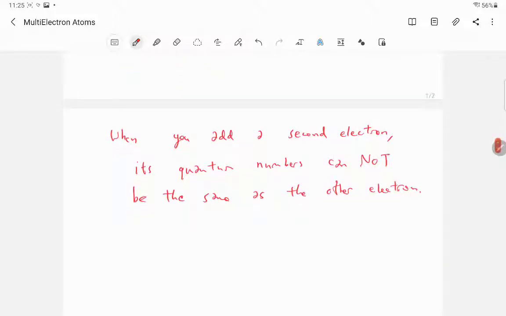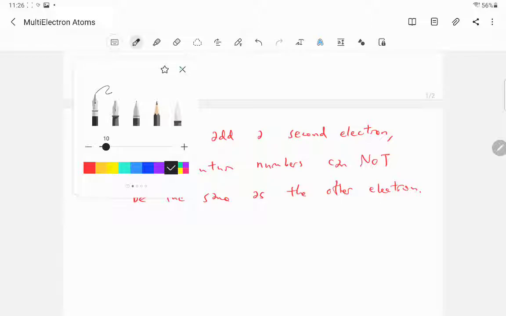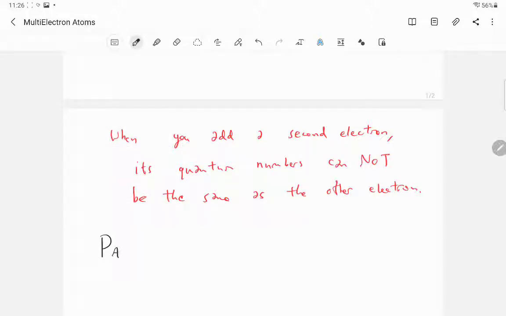And this is actually a statement associated with what's known as the Pauli Exclusion Principle. And this is a really important principle.